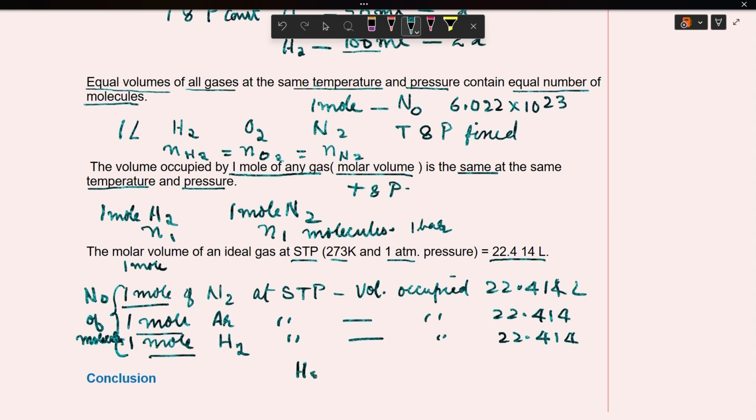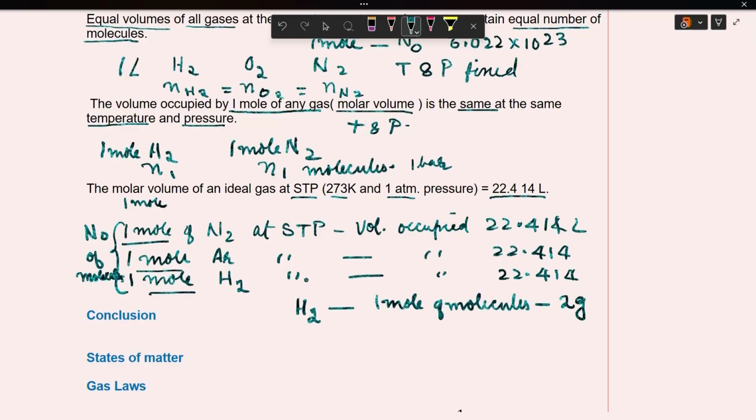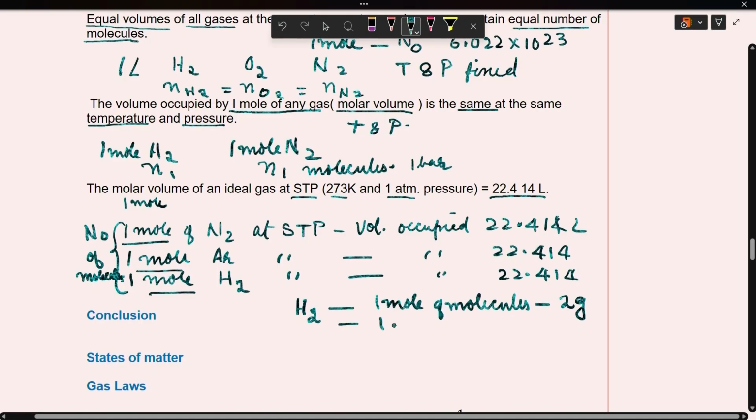If I take hydrogen, 1 mole of molecules will be weighing 2 gram. If I am taking 1 mole of atoms, its mass is 1 gram.